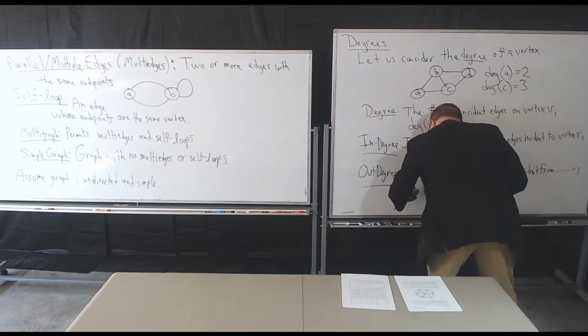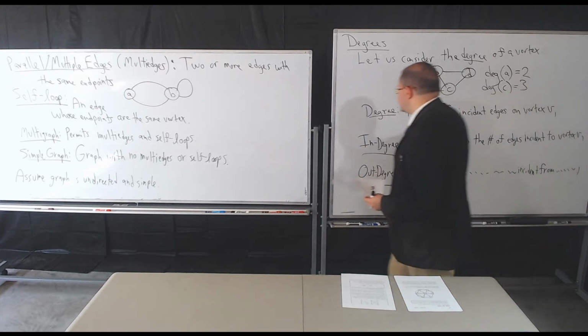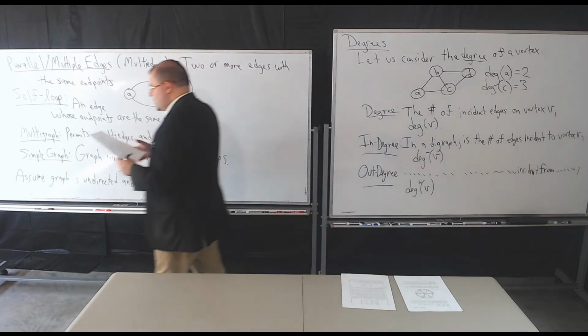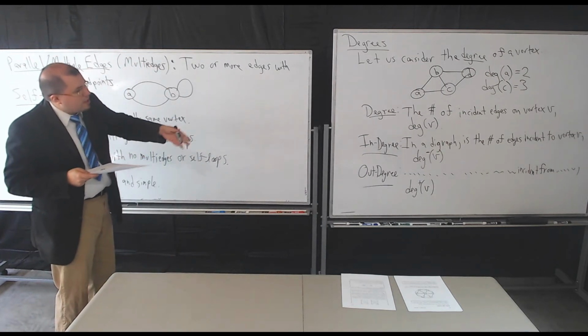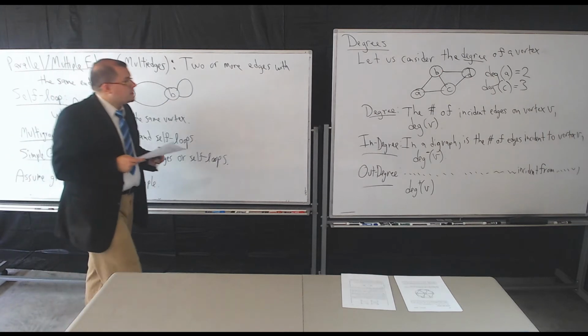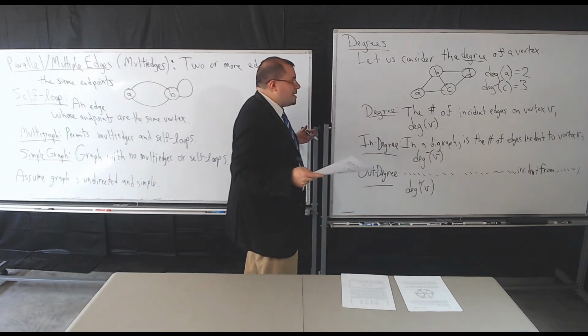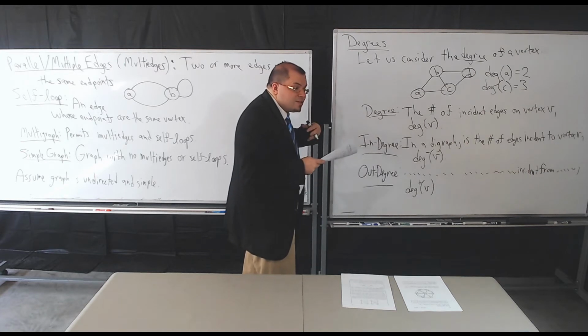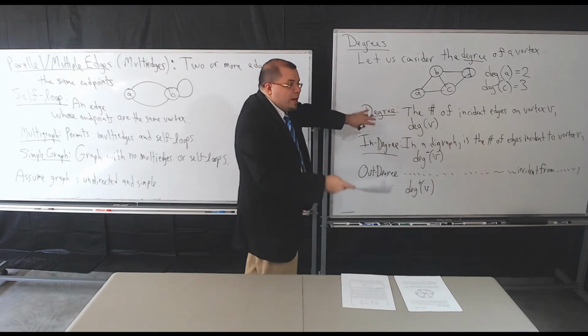And it's denoted with deg with a plus sign of V, like this. So it's a much more specialized version of degree. Instead, I just count up the number of edges that are incoming to my vertex, and out-degree is the number going out.